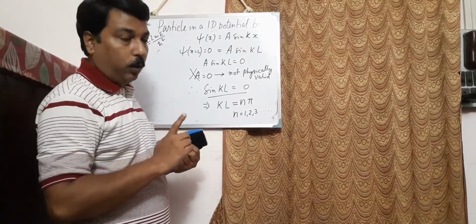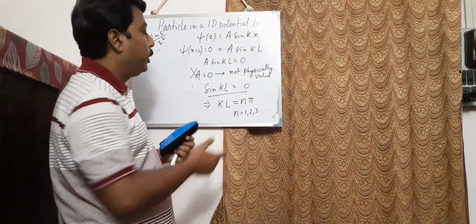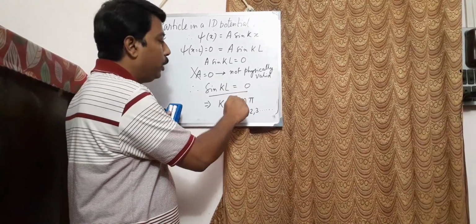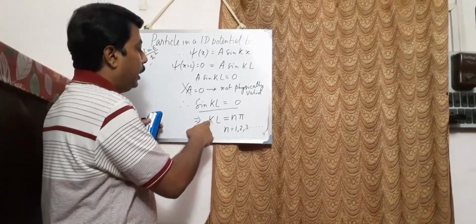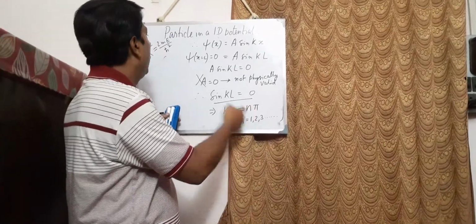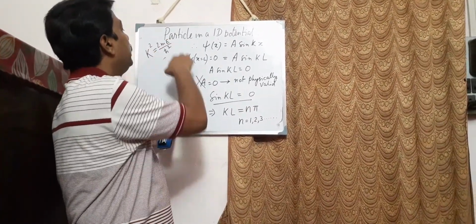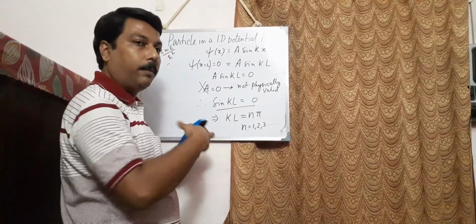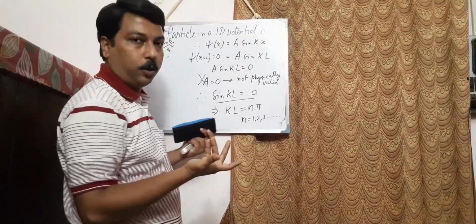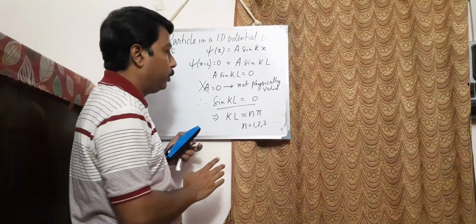n equal to 0 is not possible, because again if you put n equal to 0, then what happens? k turns out to be 0. Now k is related to the energy, so the energy would be 0, and again the particle would vanish. The wave function would vanish completely if you take n equal to 0.